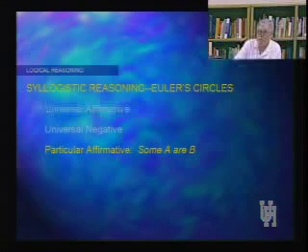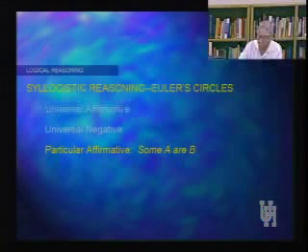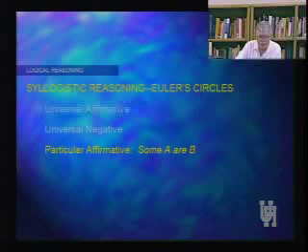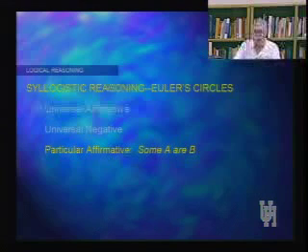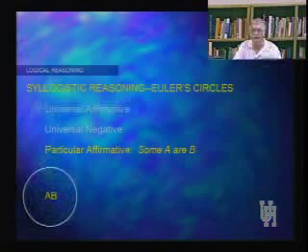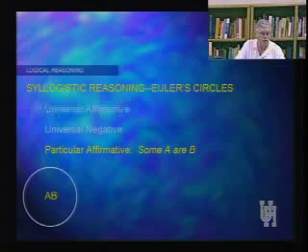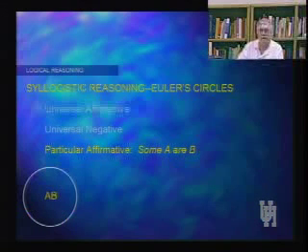Fits perfectly with the some A are B as an exemplar. This one is much more complex in that there is not one, but actually four possible ways in which to interpret this statement. Diagrammatically, we can represent it as follows. Okay? This is actually true in terms, or is an accurate description of, some A are B.